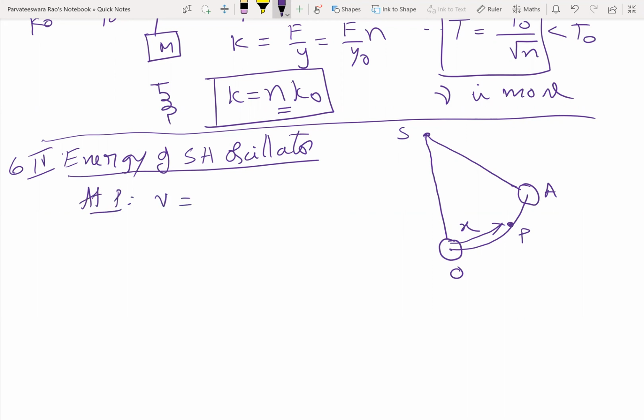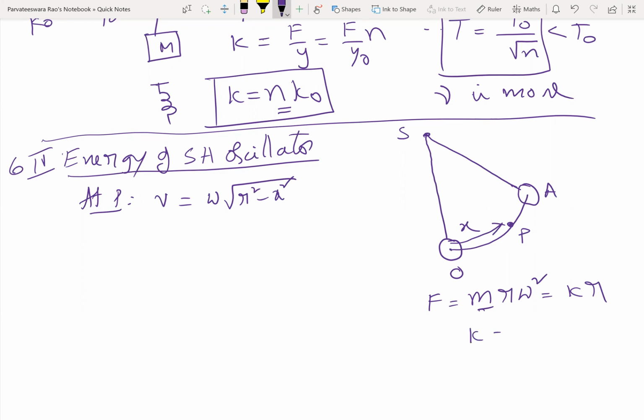So at P, the velocity of the simple harmonic oscillator is omega into root of r square minus x square. Then we have the formula for force as F is equal to m r omega square. So m omega square can be equated to k.